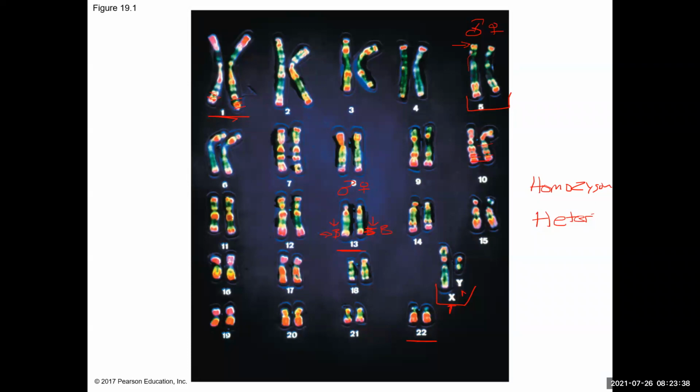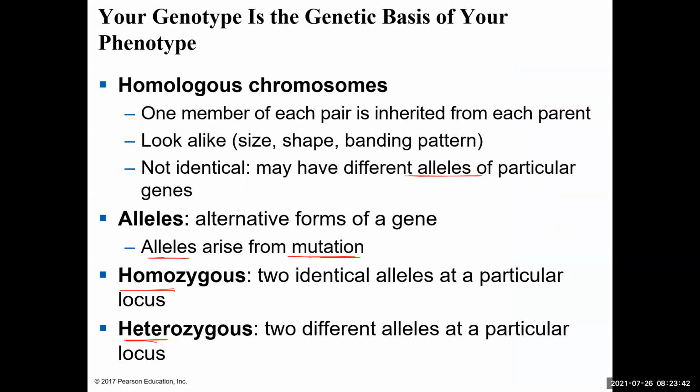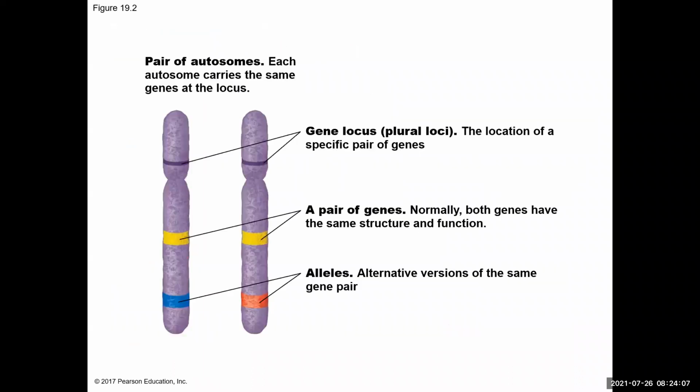The combination of those alleles determines the outcome of what that character is going to look like. So the genotype, which is homozygous or heterozygous, determines the phenotype, so how you look. We'll talk more about that in a couple slides.